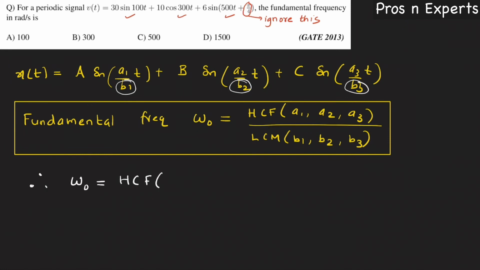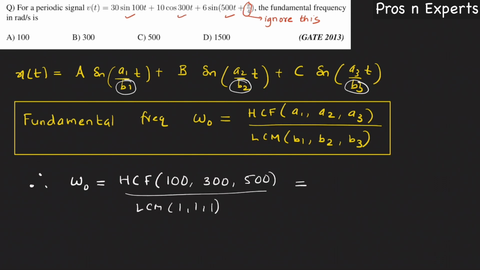That means a1 is 100, a2 is 300 and a3 is 500, correct? So HCF of 100, 300, 500 divided by LCM of 1, 1, 1, which is equal to 1 itself.